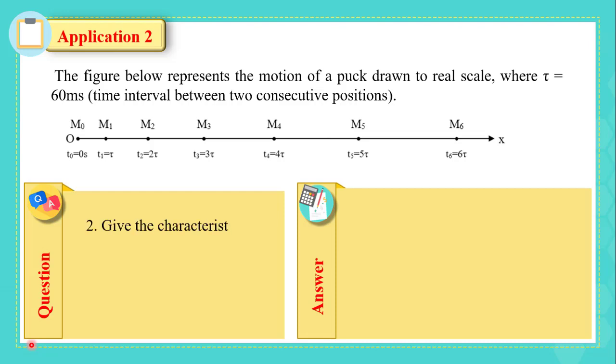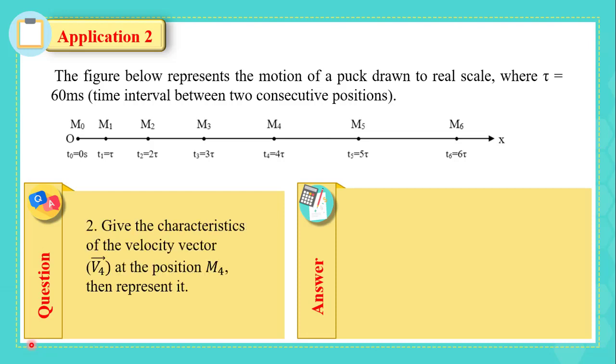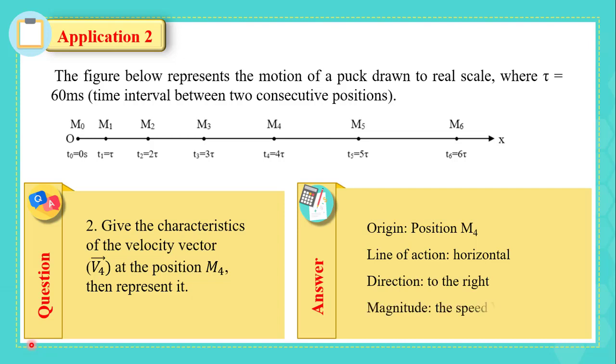Now you are asked to give the characteristics of the velocity vector v4 at the position M4, then represent it. The origin of v4 is the position M4, the line of action is horizontal, the direction is to the right with the direction of motion, the magnitude is the speed v4, which was calculated in the previous part, and it is 0.5 meter per second.